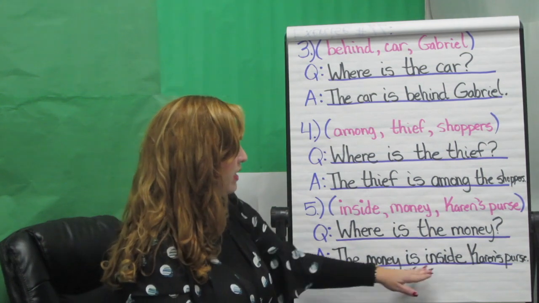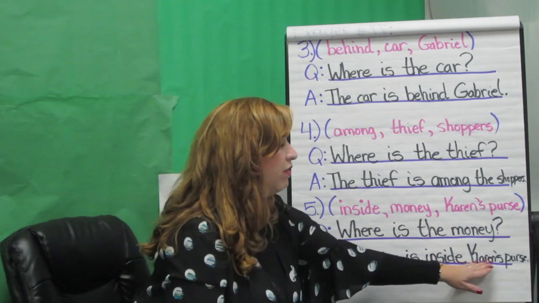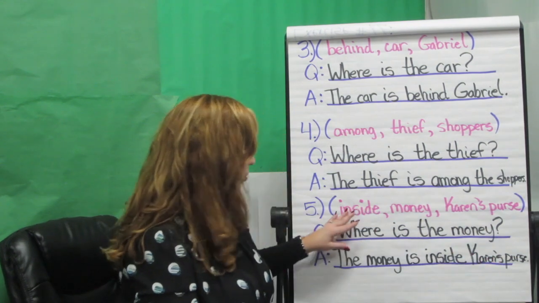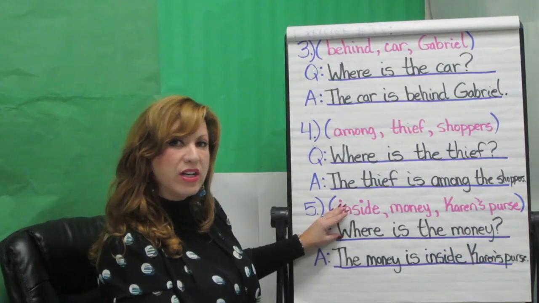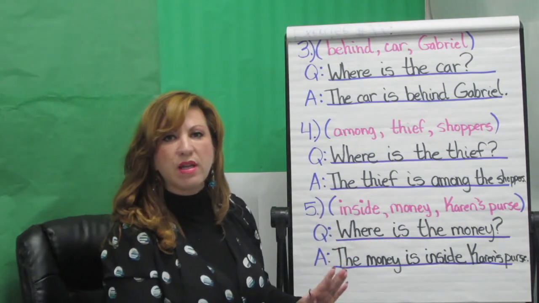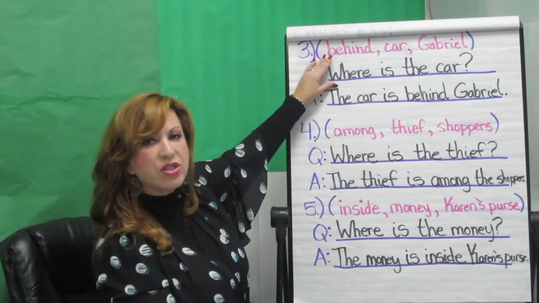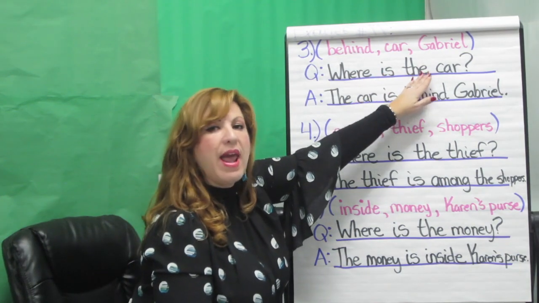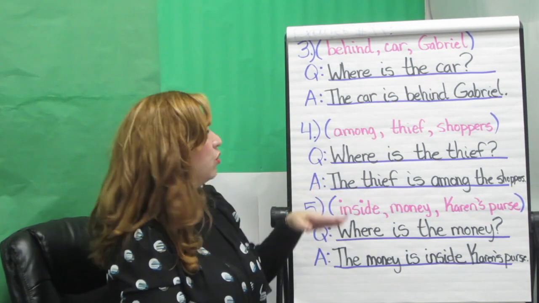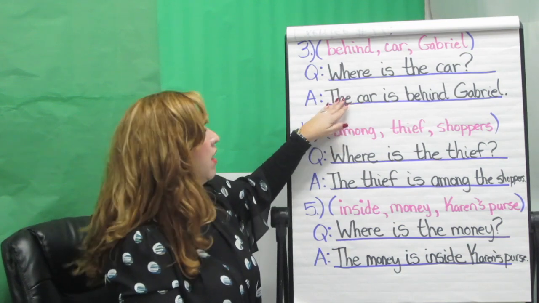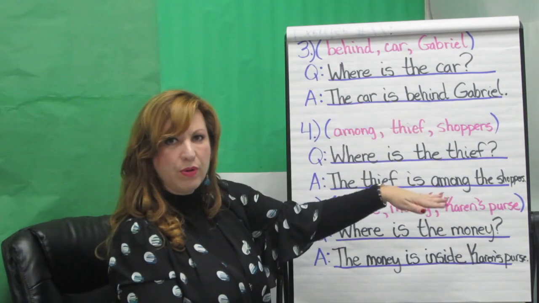And the location is inside Karen's purse. So this is the location. I am answering the where, the location to where the money is. So you could see there is always a pattern. We begin with a question word, followed by the helping verb, and then the noun. And when we answer the question, we're addressing the question, so we have to begin with our noun. The car is behind Gabriel.